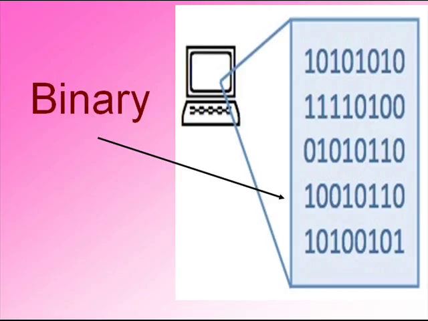Binary only uses zeros and ones for all numbers. You don't need to understand this rather strange counting system for IGCSE, but it's at the heart of all digital devices. Everything stored and processed inside a computer is a number or digital.